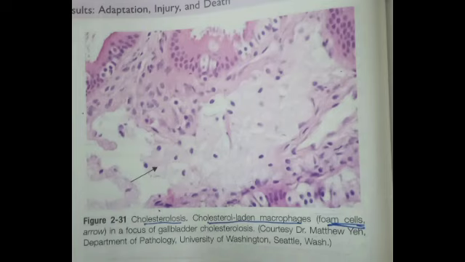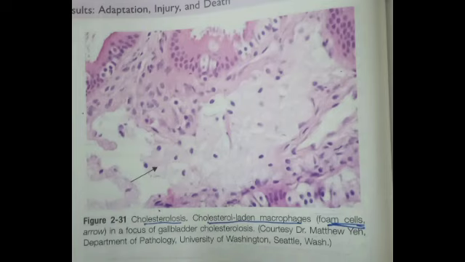Whatever the clinical setting, glycogen masses appear as clear vacuoles within the cytoplasm.